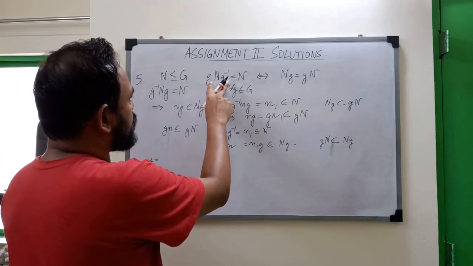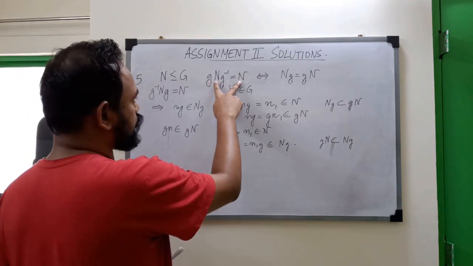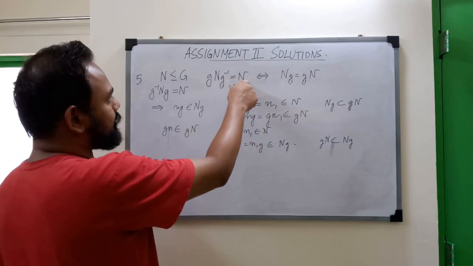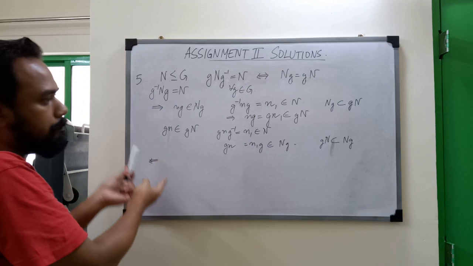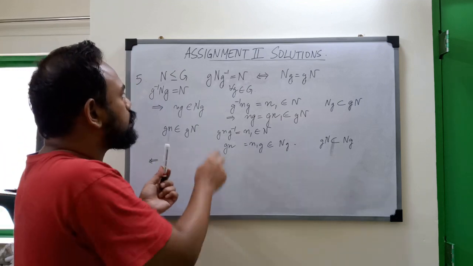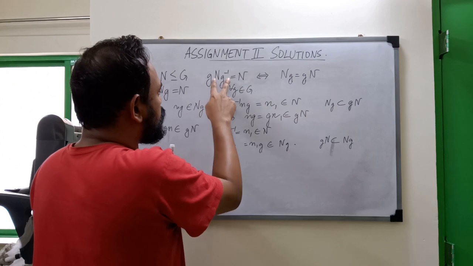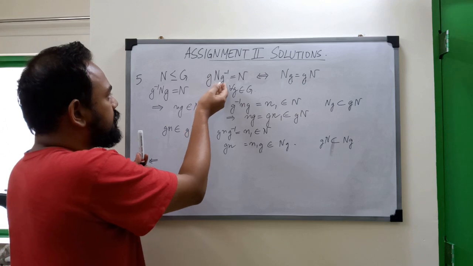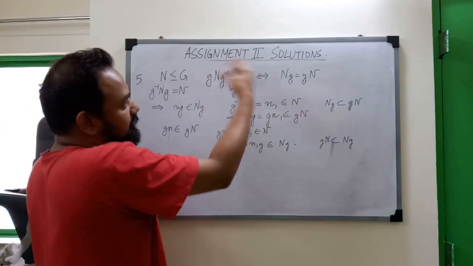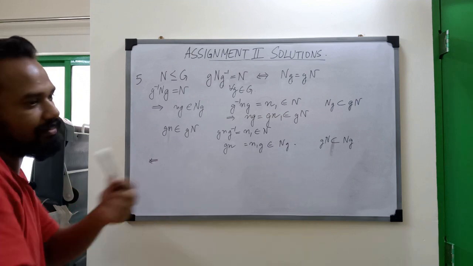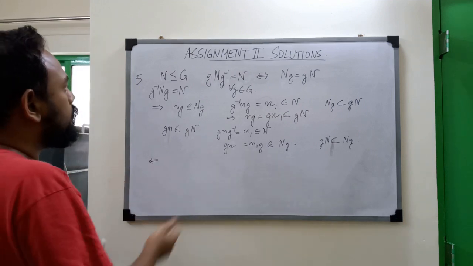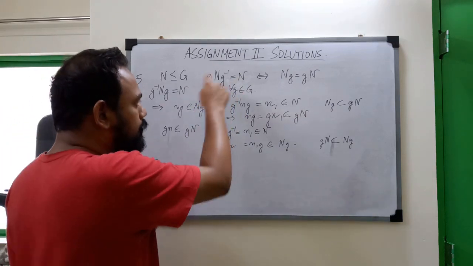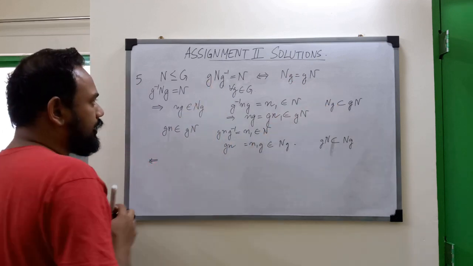Remember, this was one of the conditions that we mentioned while we were doing normal subsets: to show that the conjugate of a subset of a subgroup is equal to the subgroup itself for all g, it's enough to show that the conjugate is a subset of N, and then the other side holds as true as well. So we'll just do that very quickly. We just show that this is a subset of N, and then that means that this will be equal. So let's just assume that this is true. We are doing the other way now.